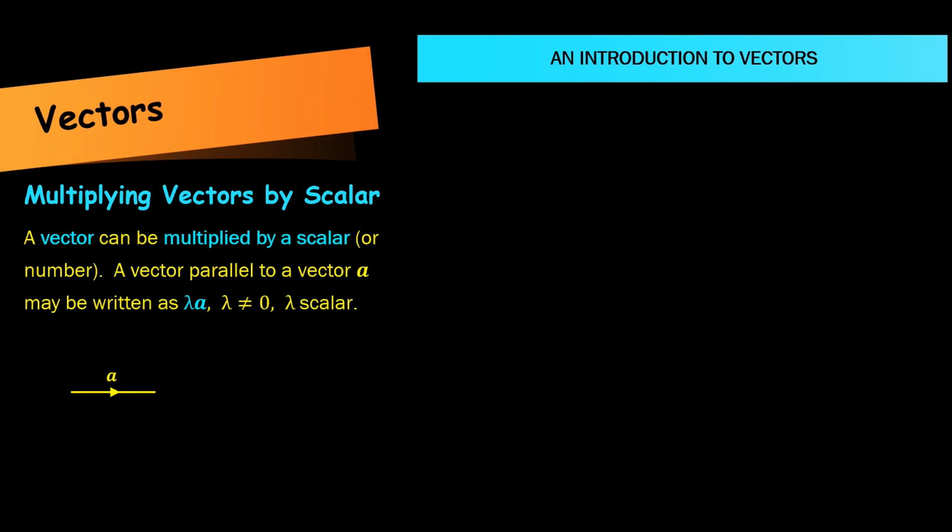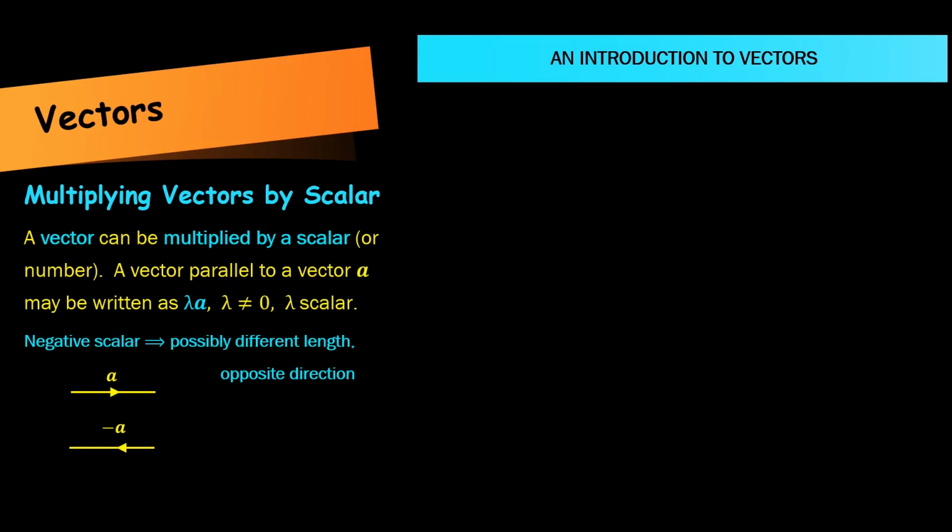But what if we have a negative scalar, lambda? Suppose lambda is negative. Then we may have a different length, depending on whether lambda is equal to minus 1 or not, and the vector will go in the opposite direction.